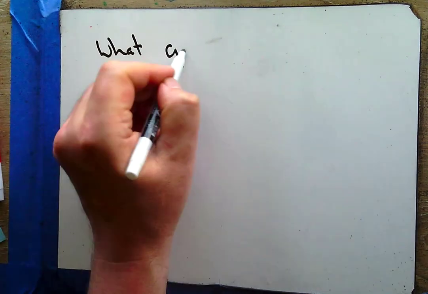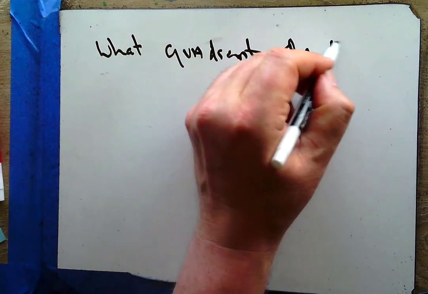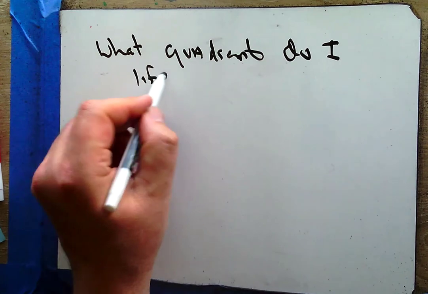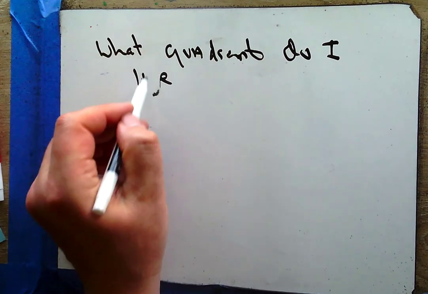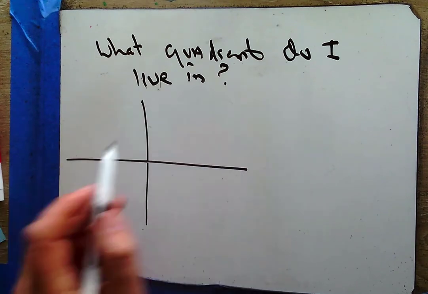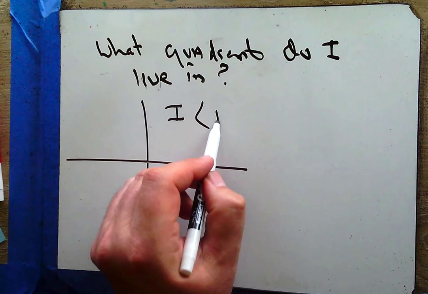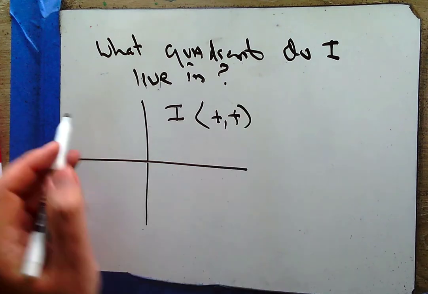And the last thing I want to do with you is play a couple of rounds of what quadrant do I live in? Not life, but live in. So remember, in first quadrant, ordered pairs are positive x's and positive y's.